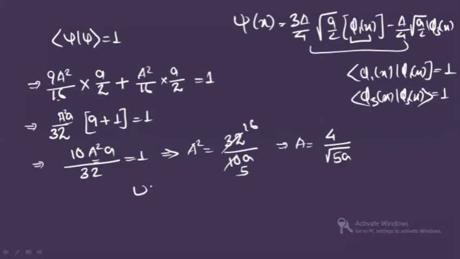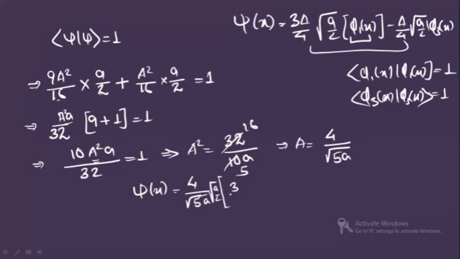So you can write the wave function psi of x equal to, if you put this value, 4 by root over 5a. Also you have root over a by 2, one more root over a by 2 I'm writing here.